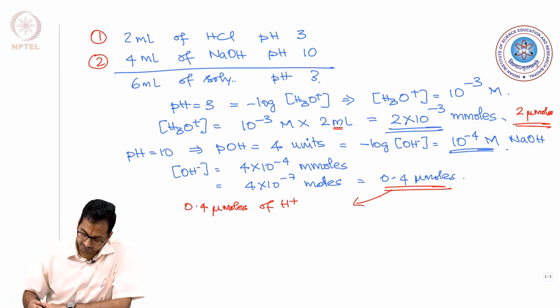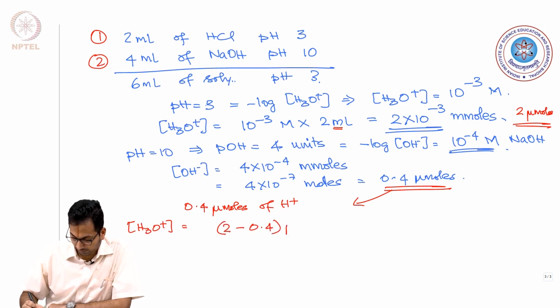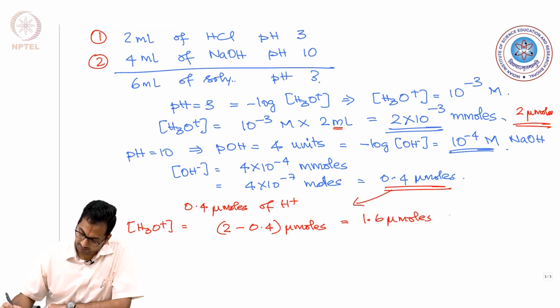So, finally, the amount of H3O plus that is going to be present is going to be 2 minus 0.4 micromoles, that is going to end up as 1.6 micromoles. Of course, this can be rewritten as 1.6 into 10 to the power of minus 3 millimoles. Remember, we have to convert it back into concentration, which is in molarity.